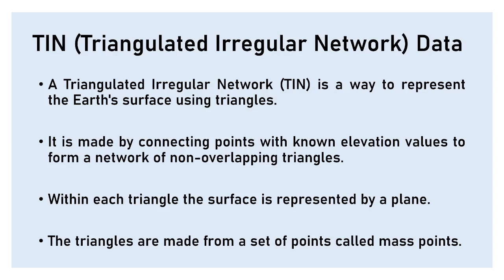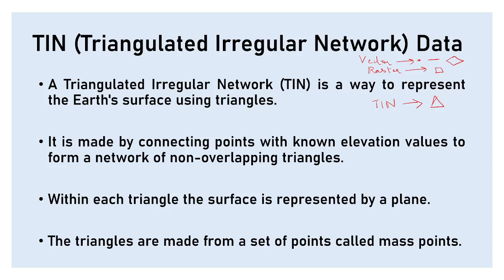A triangulated irregular network, or TIN, is a way to represent the Earth's surface using triangles. If you remember, for vector data we used points, lines and polygons, and for raster data we used grids, right? But in case of TIN data, we will be using triangles. Why is it called a triangulated irregular network?